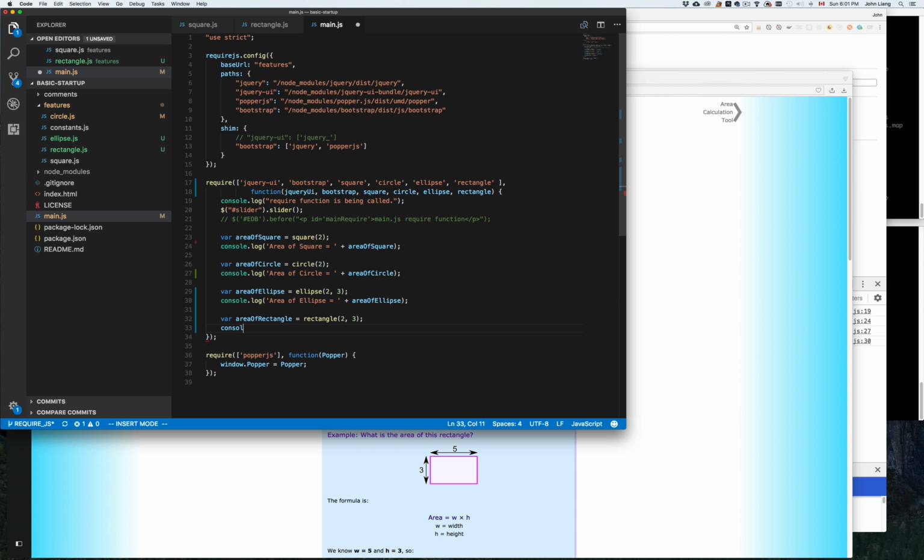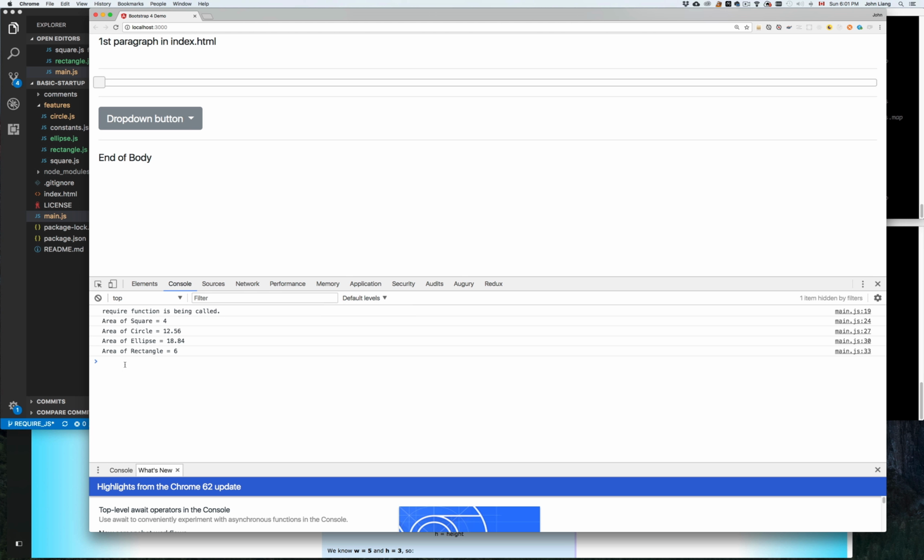And console.log. Let's print it out. Area of rectangle equals to area of rectangle. Okay, let's save it again. And the area of rectangle is 6. 2 times 3 is 6. So that's correct.